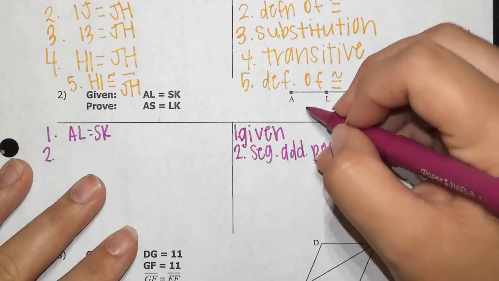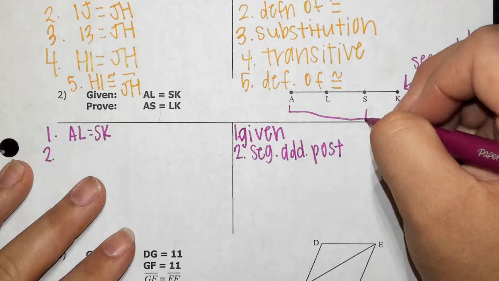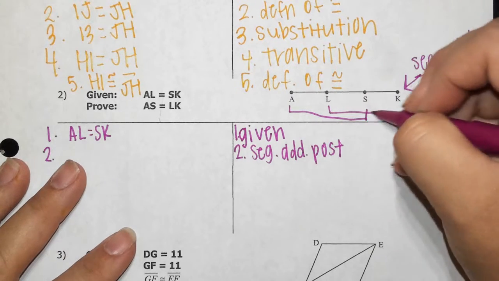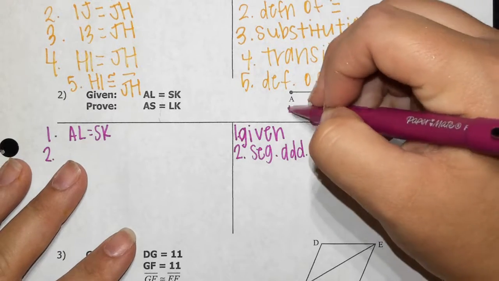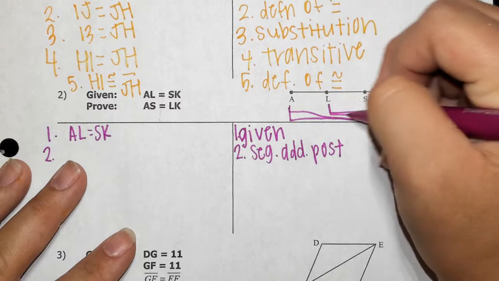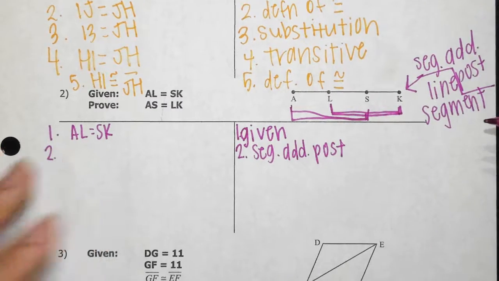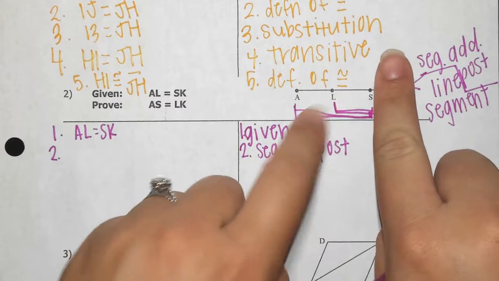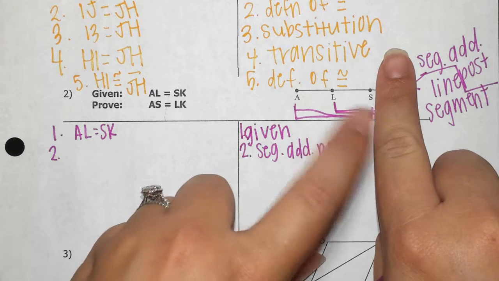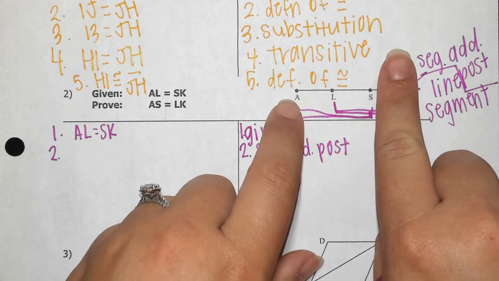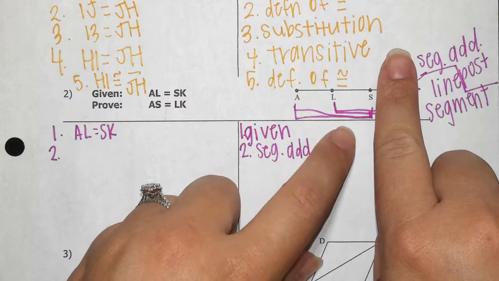Because our goal is to prove that AS is equal to LK. So, can't I break down AS into 2 pieces equals this whole thing? So, A what plus what equals AS?